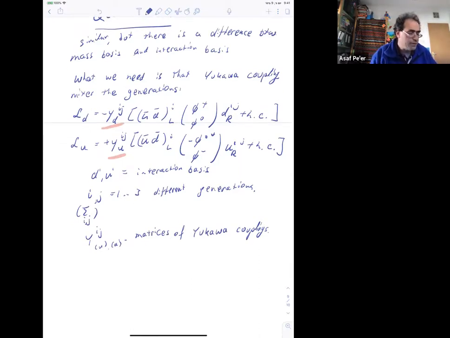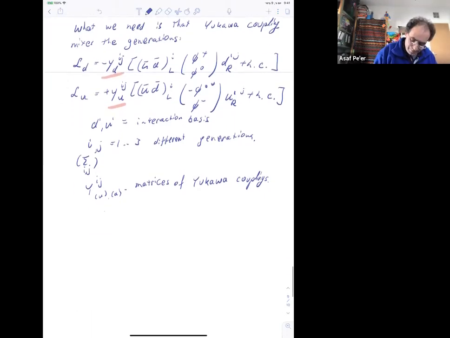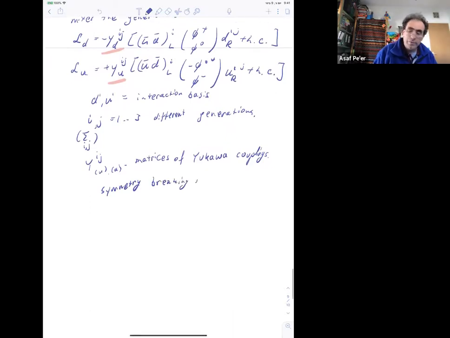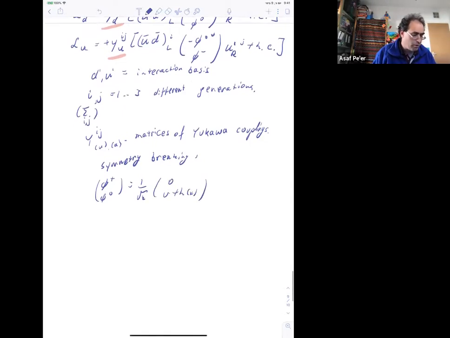And of course, after the symmetry breaking and in the unitary gauge, we end up with phi plus phi 0, again, what we had, 0 v plus h. And then the quark Lagrangian is going to be L quark, right? It's just L down plus L up, minus 1 over square root of 2.